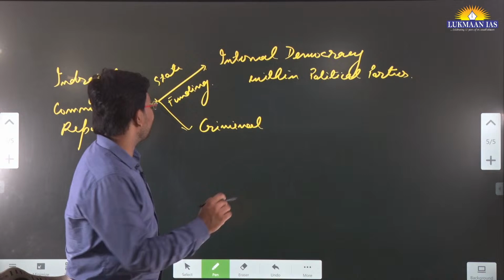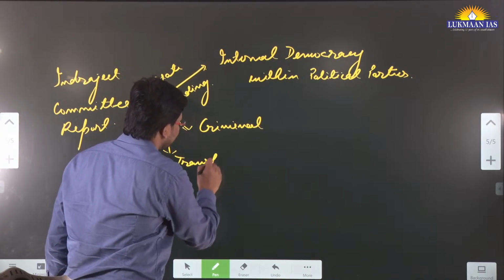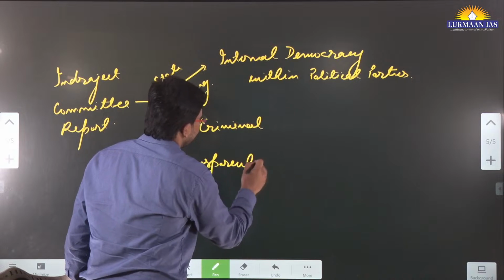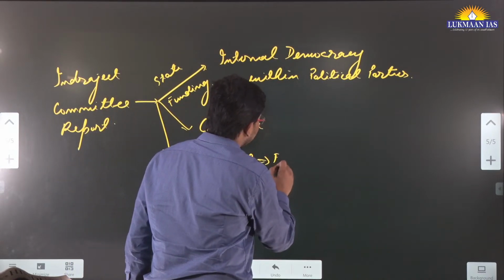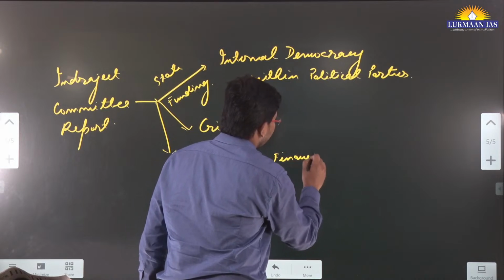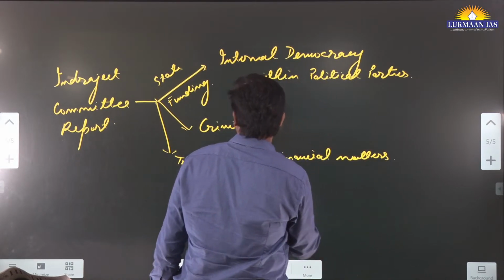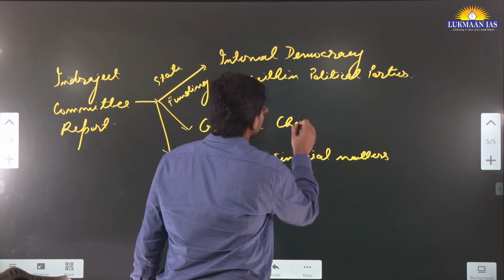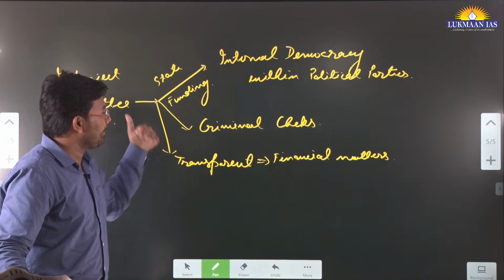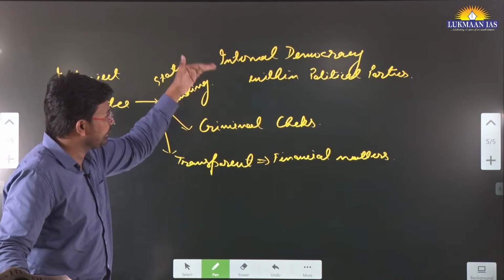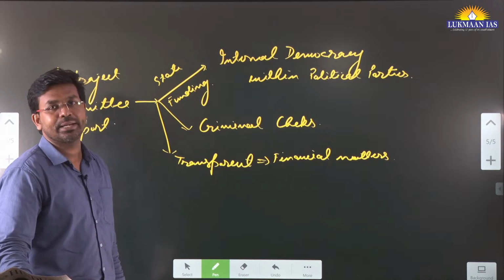It should be highly transparent; political parties should be highly transparent in their financial matters. Criminal checks should be done, and this committee has suggested many other reforms also. If these conditions are met, then political funding can be done.